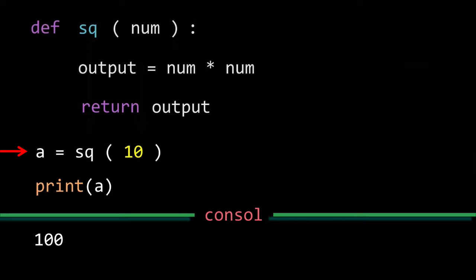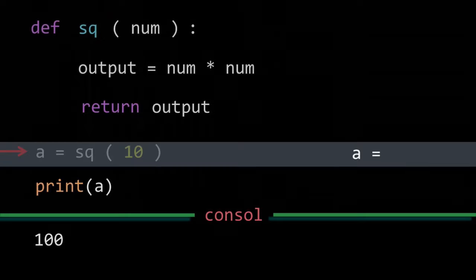A is equal to sq into bracket 10. How will this line get executed? The execution I am writing on the right hand side. So now this line will get executed. A is equal to.